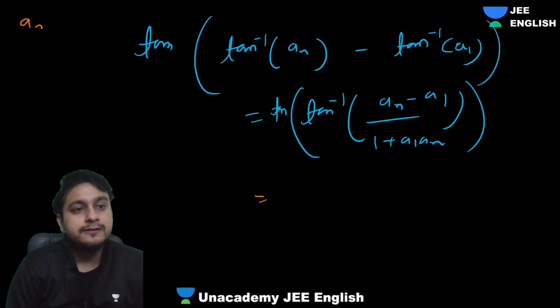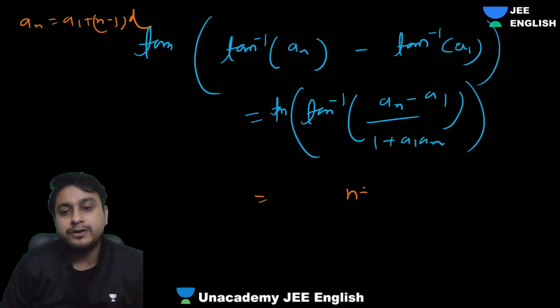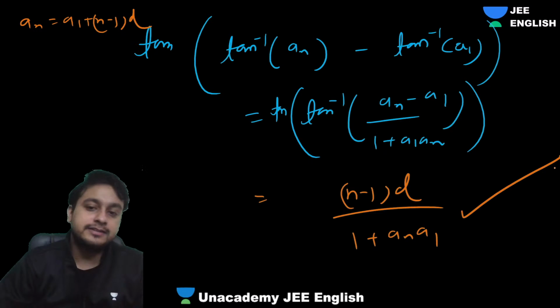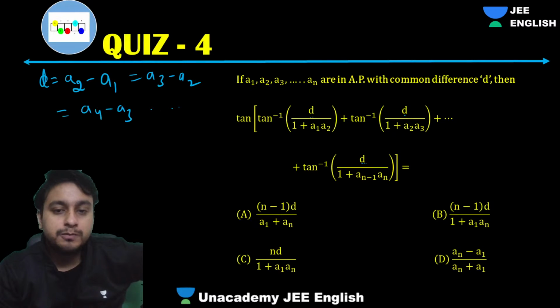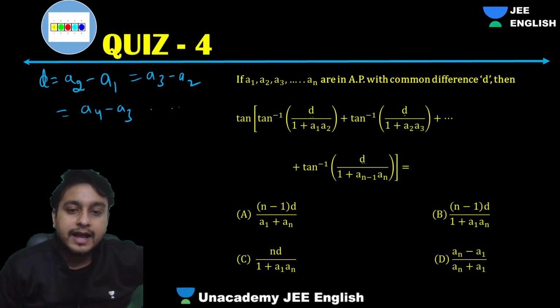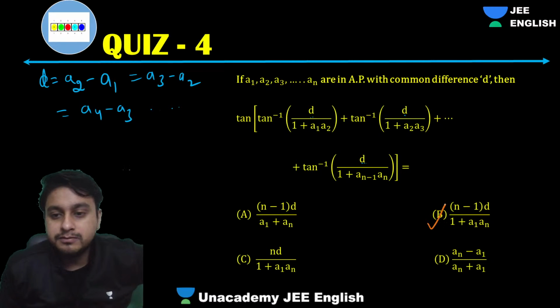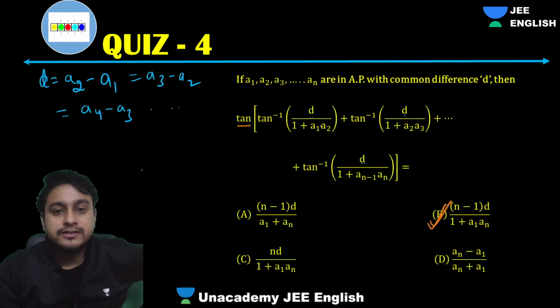What is an? a1 plus n minus 1 into d. So an minus a1 will be n minus 1 into d, upon 1 plus an into a1. That is it. So guys, these kinds of questions have been asked many times in JEE. So please keep it in your mind. And that is the correct answer, option B. Tan is also there, so that's why that will get cancelled.